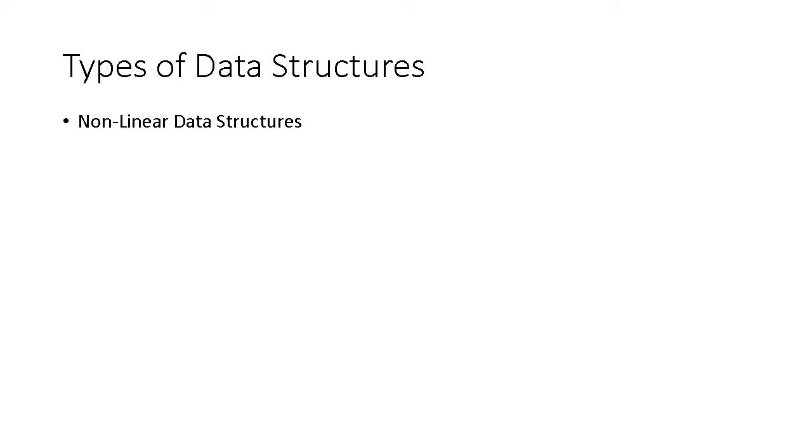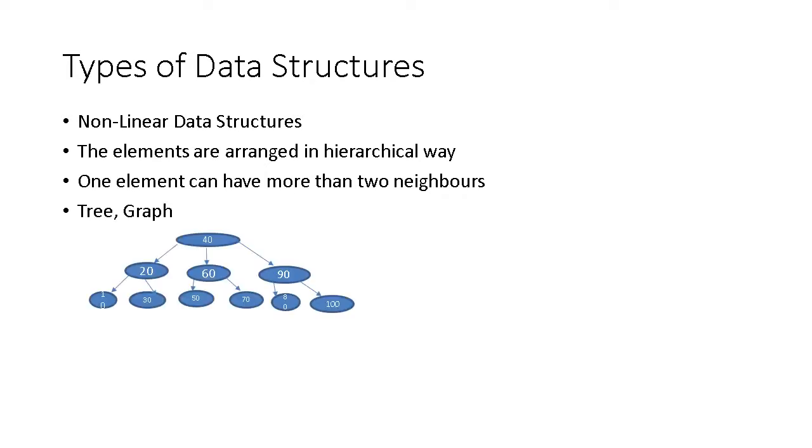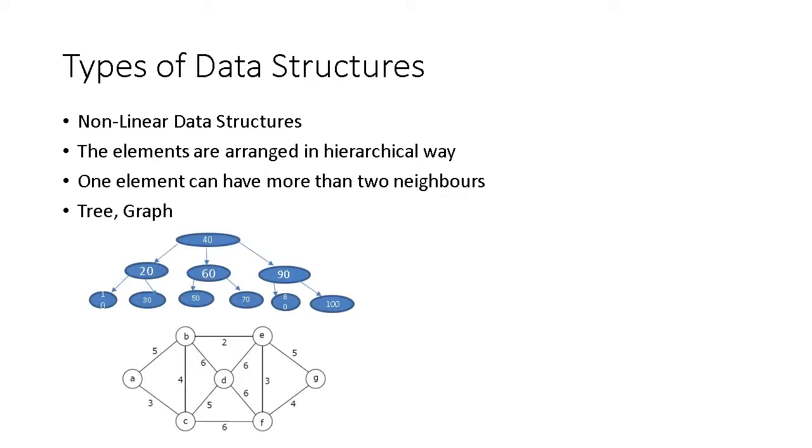In a non-linear data structure, the arrangement occurs in a hierarchical form. So here data will be present at multiple levels, and one element can have more than two neighbors available. Examples are tree and graph. In the first figure you can see a tree, where 40 is the root at the highest level, and in the next levels the remaining nodes are present.